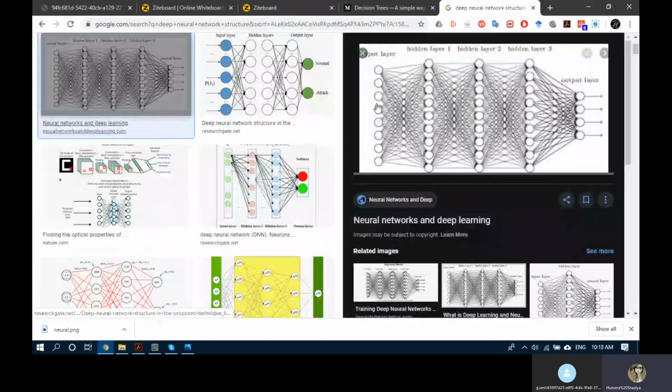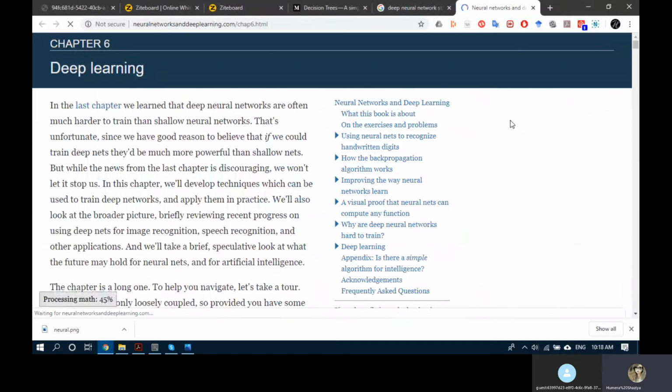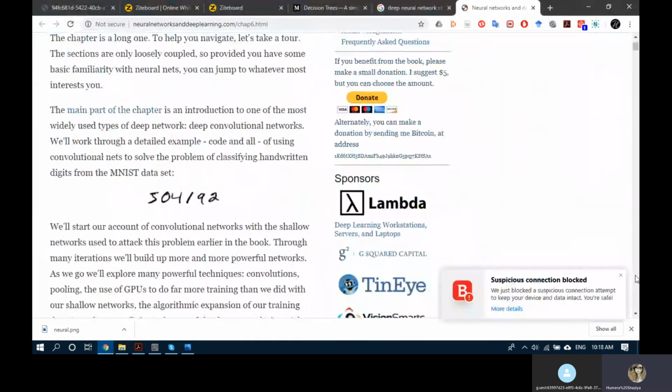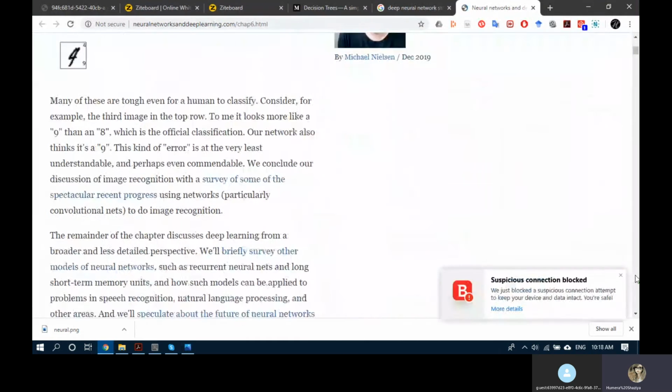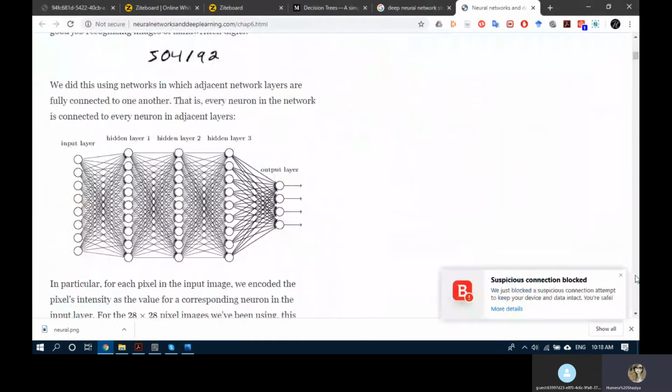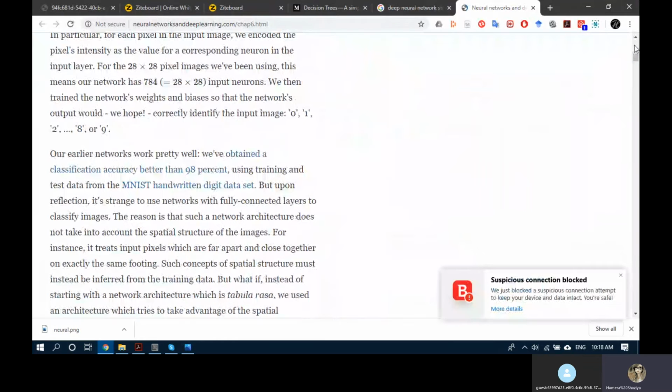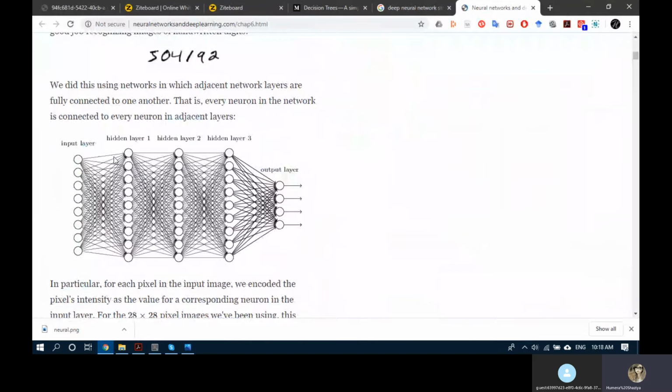Deep neural network structure looks like this, not even like this. More than this, there are even 150 layers also. Look at this. There are three hidden layers in this: input layer and output layer. This is our neural network.